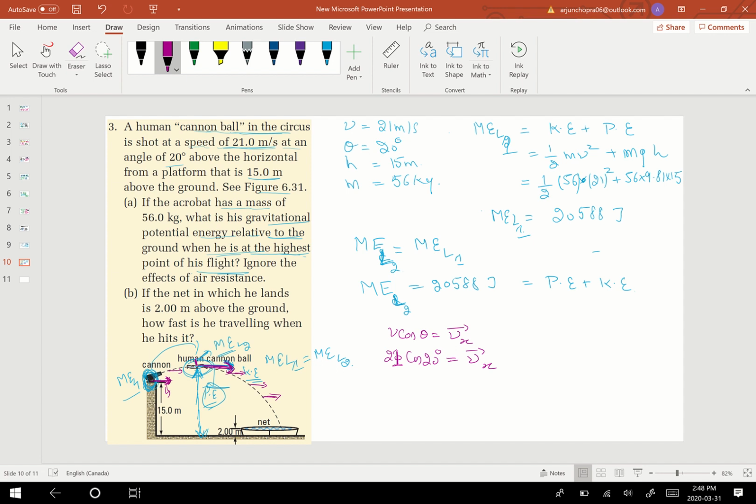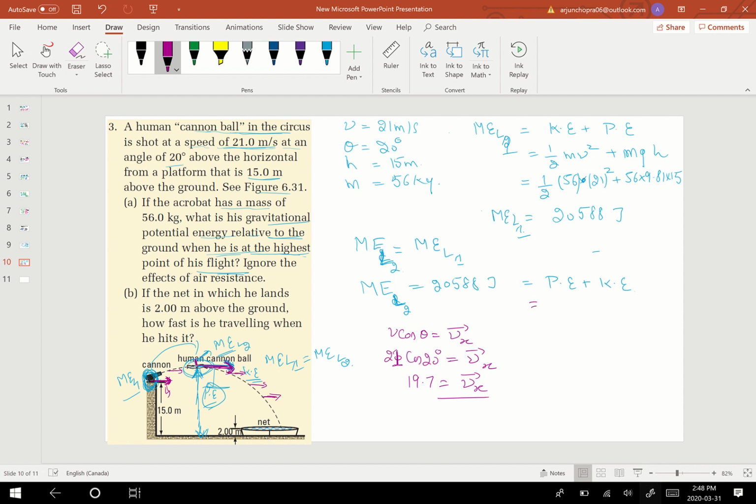So 21 cos 20 is equal to 19.7, the value of the horizontal component of the velocity. And make sure when you are solving these questions, your calculators are in degree mode, not in radian mode.